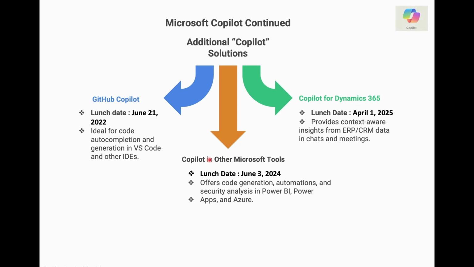And you will find Copilot in Power Platform tools like Power BI, Power Apps and Power Automate, helping users build reports, apps and workflows without deep technical skill. And it is even integrated into Azure, bringing intelligent assistance to cloud development and automation tasks. No matter where you work, whether it is writing code, analyzing data or building apps, there is a Copilot ready to help you.